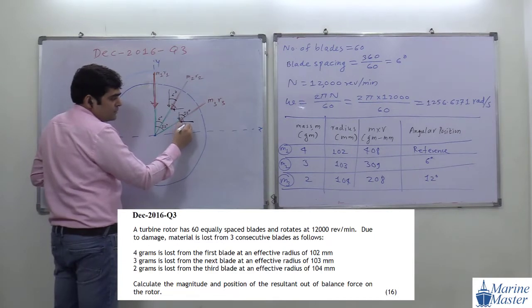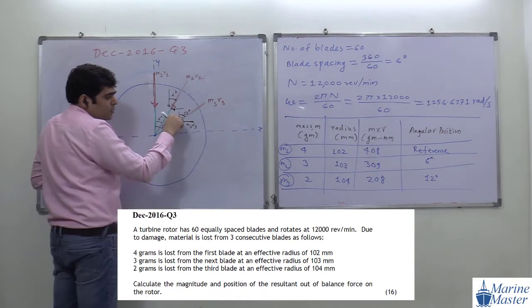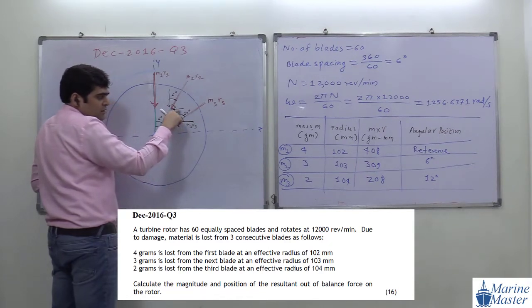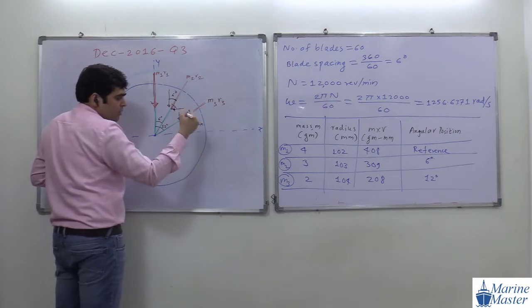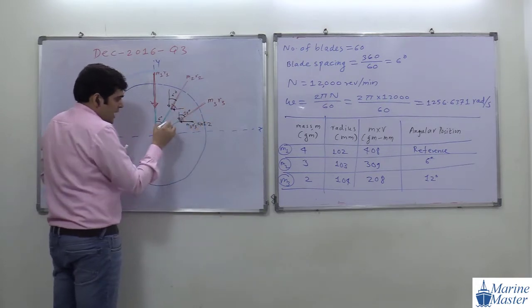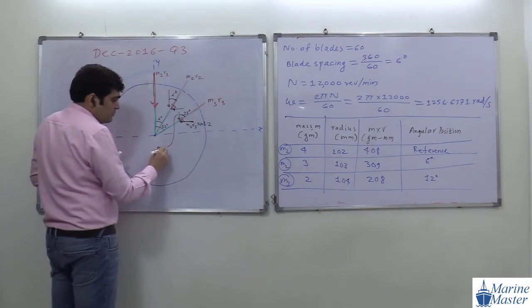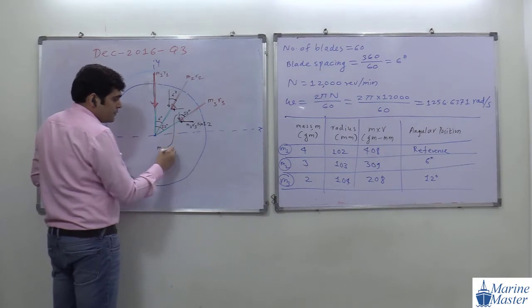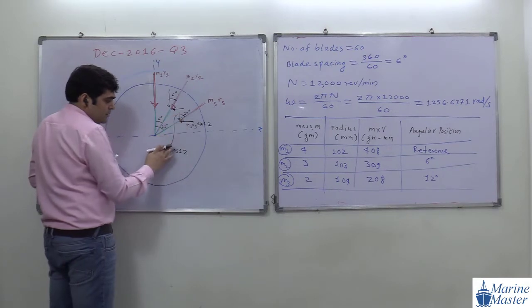What is this component? M3 R3, with angle with respect to the Y direction component. So this component will become M3 R3 sine 12. And this component will become M3 R3 cos 12.